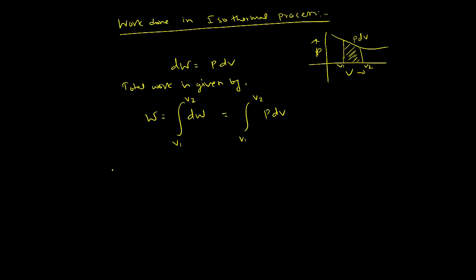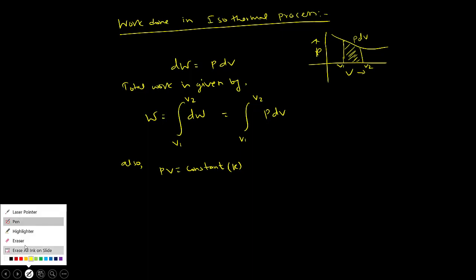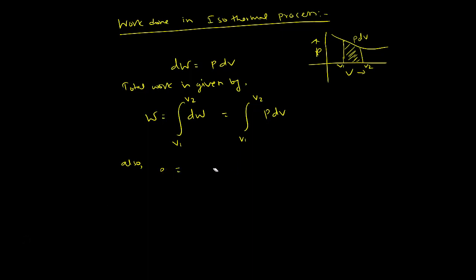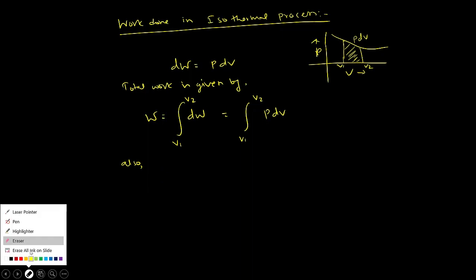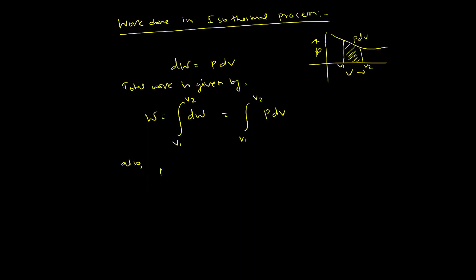Also we have the relation PV equal to constant, let this constant be K. Also, we have the gas equation PV equal to nRT, or simply PV equal to RT, same thing.